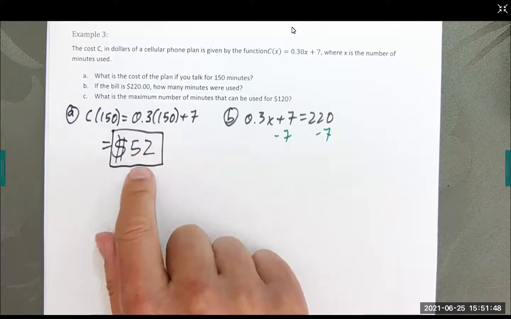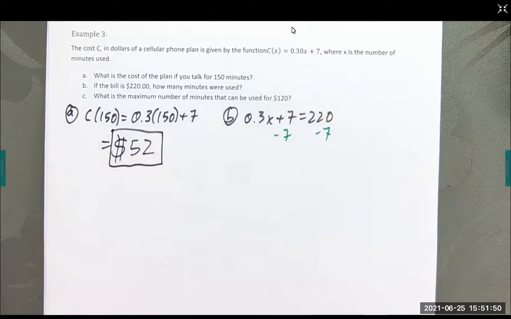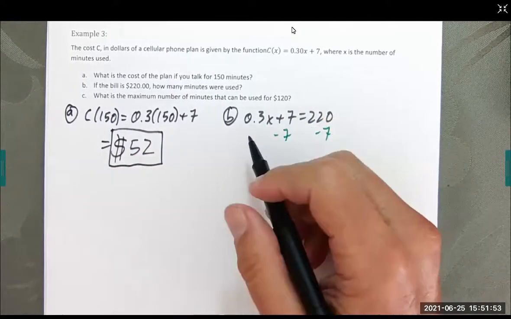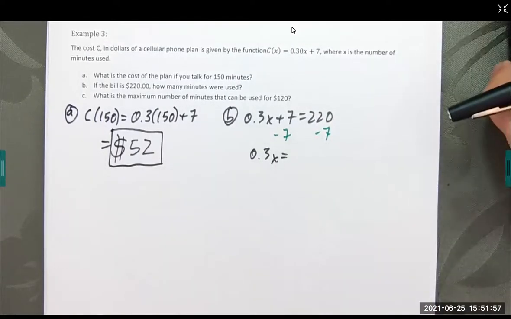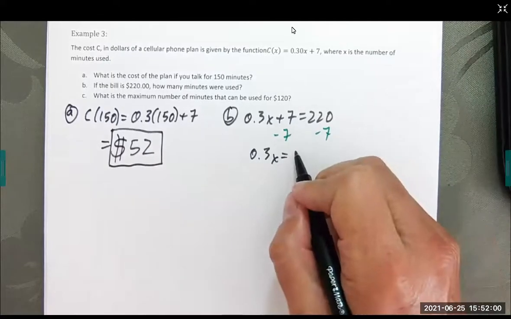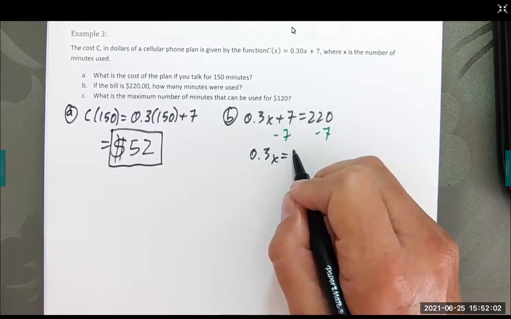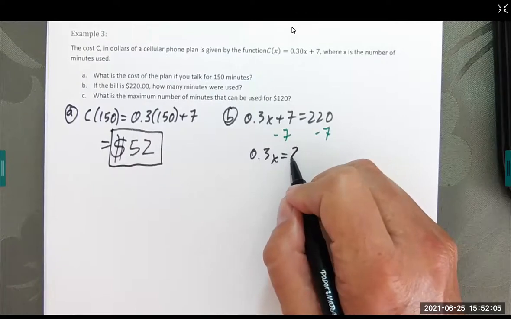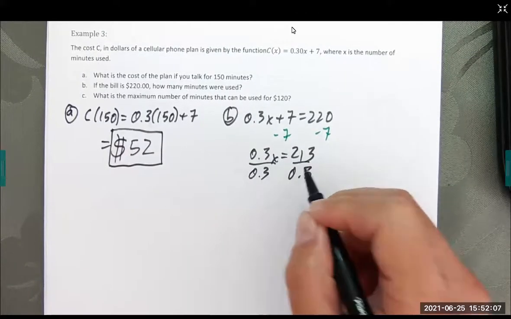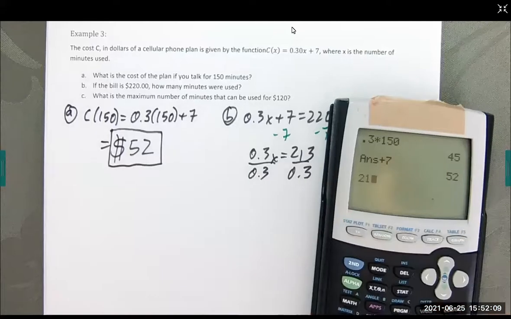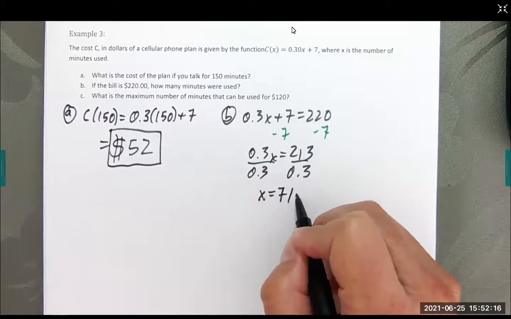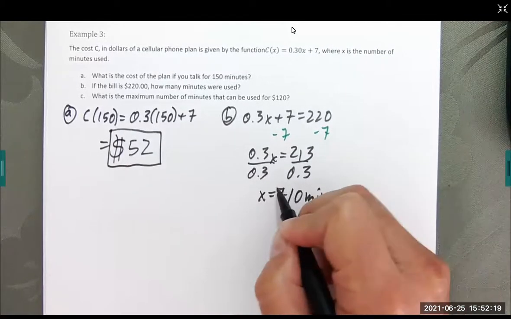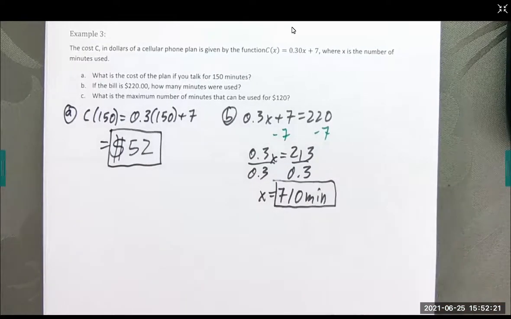That only costs $52, so this is going to be quite a bit more. 0.3x equals 213. Divided by 0.3, 213 divided by 0.3 is 710. 710 minutes. That's a lot of talking on the phone.